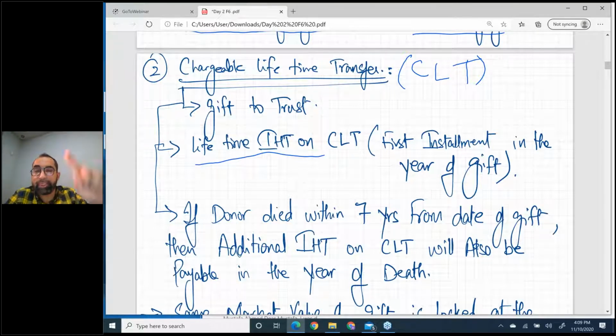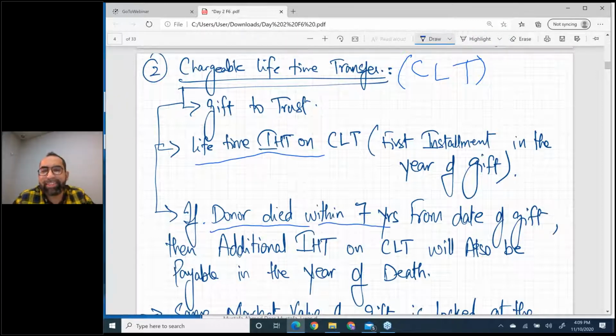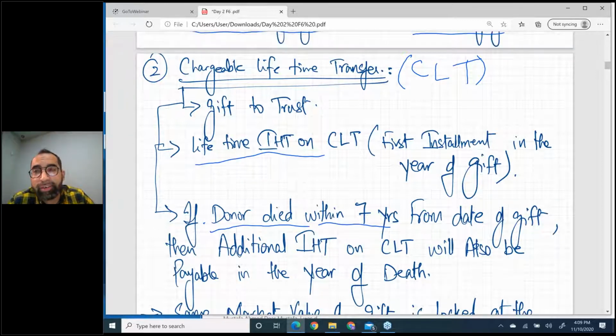Now, one more thing. If the donor died within 7 years from the date of gift, then additional IHT on CLT will also be payable in the year of death. So in short, there are maximum two types of taxes on CLT.